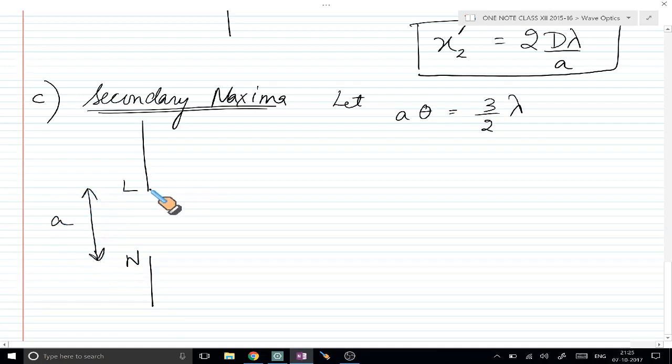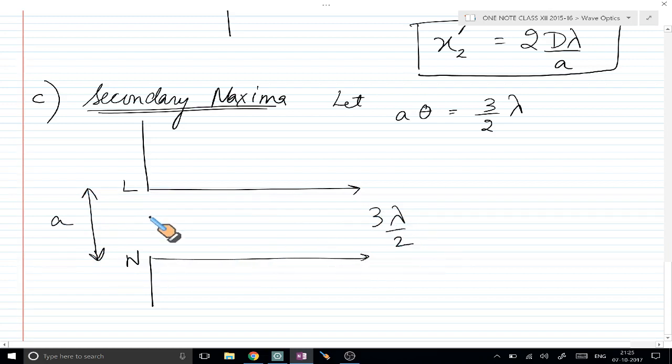The path difference between L and N is 3 lambda by 2. Let us divide LN in 3 equal parts, and let these be P, Q, R. So whole LN is divided into 3 parts.